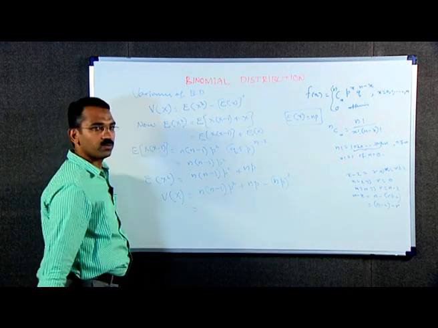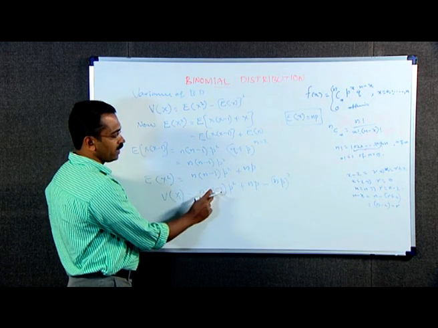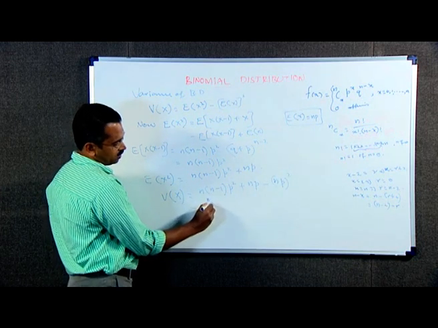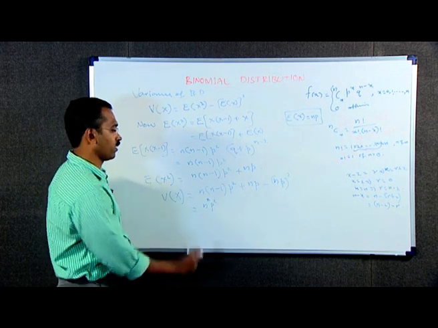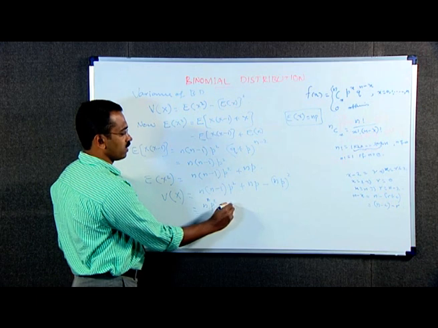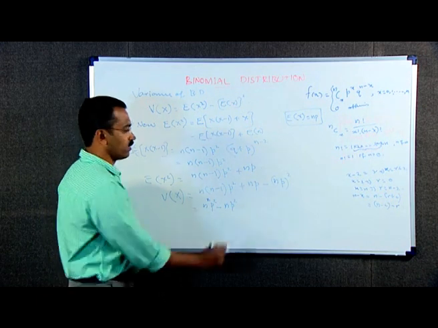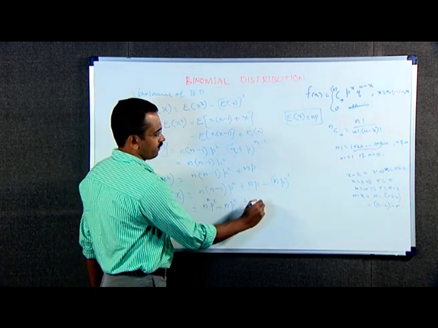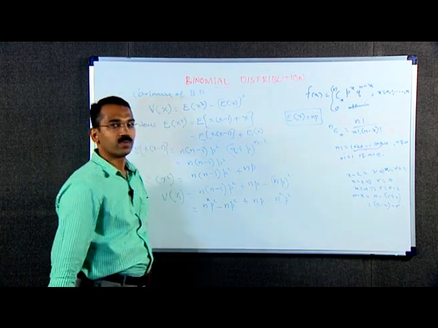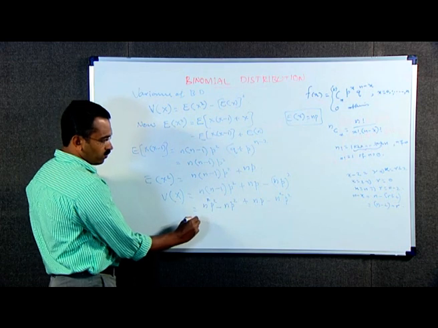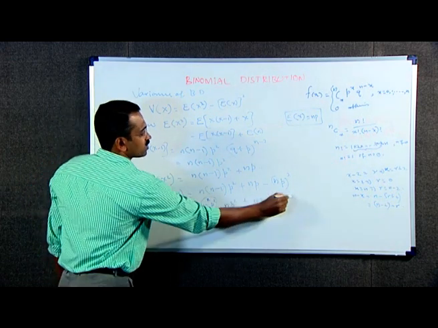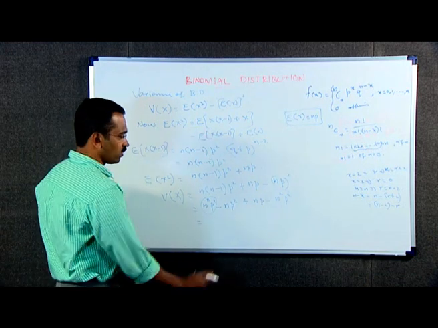This is equal to n into p square is n square p square, n into minus 1 p square is minus n p square, plus np minus n square p square, which is equal to n square p square minus n square p square is 0.